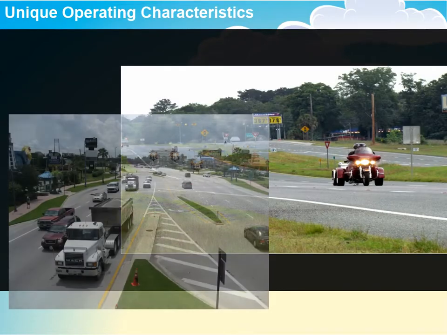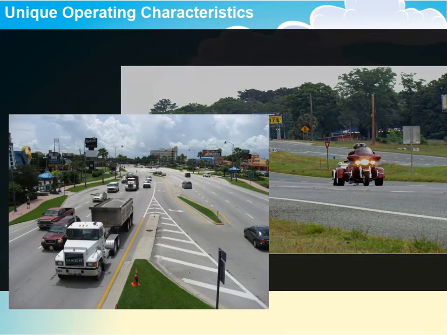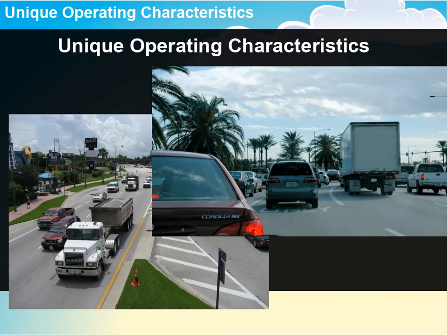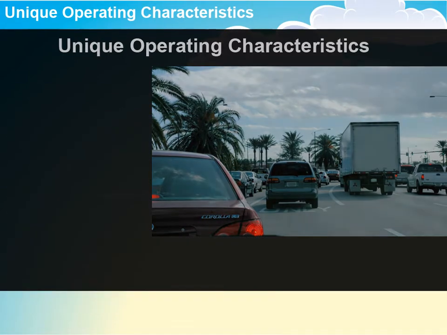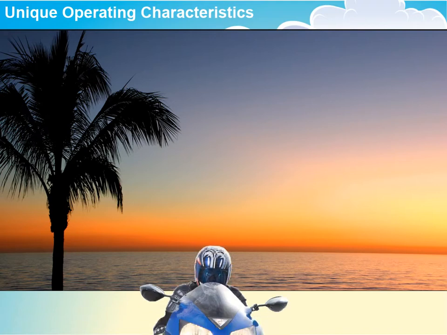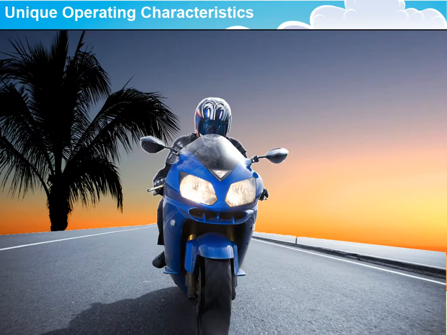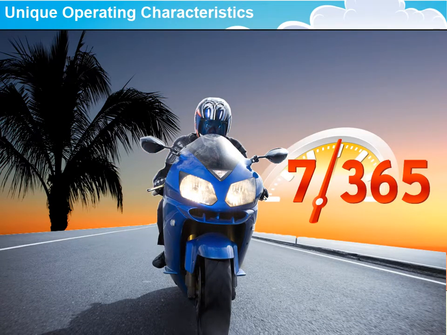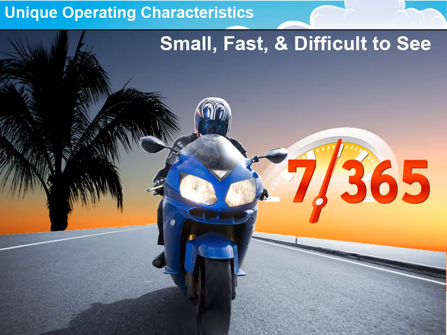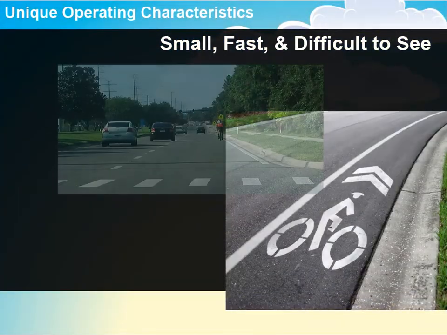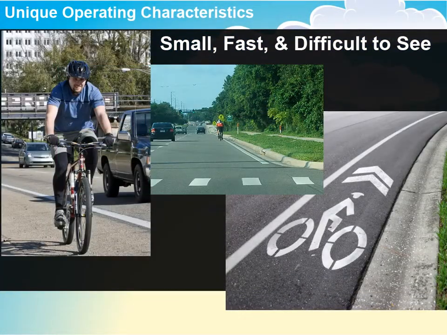As we drive, we are surrounded on the road by many types of vehicles that have unique handling and operating characteristics. Here in Florida, we have a large number of motorcycles whose riders can be on the road 365 days a year. They are small, fast, and sometimes difficult to see. Similarly, bicyclists are frequently part of the roadway mix.